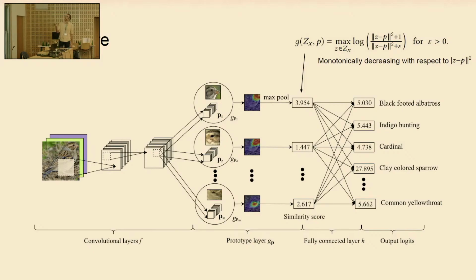Then we obtain what we call the representation of this image. The resolution of the first two axes of this representation is smaller, for example 7 by 7 when the input was 500 by 500. But of course, the number of channels is larger. And this is standard.